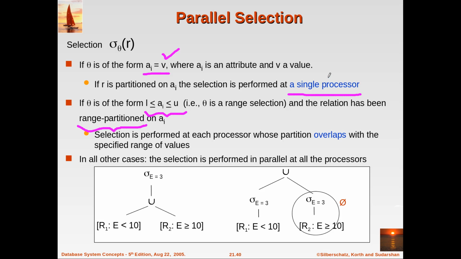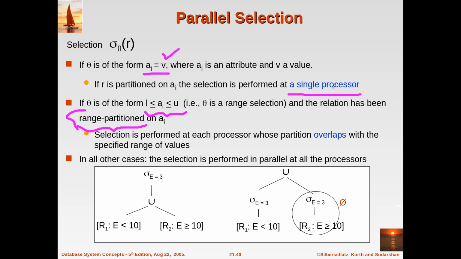We can make use of different processors, and the different selections can be done on various processors, even if it is an equality condition or a range condition on the set of tuples present in a relation. Whatever it be, if the partition is done based on a range partition mechanism, we can utilize the different processors present in our computer system.